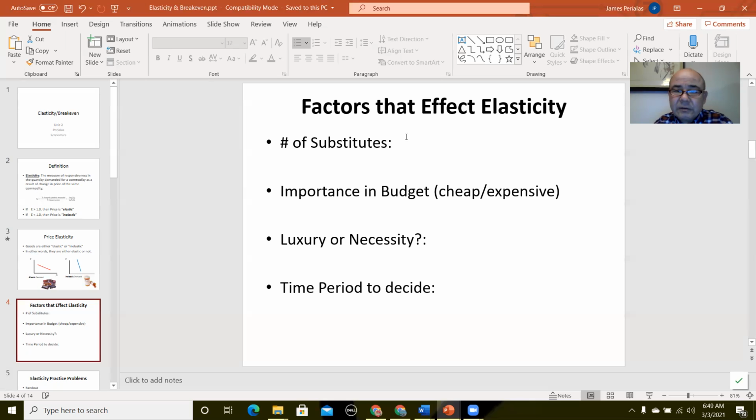Importance in your budget. Now you'll see this explained a couple different ways in the textbook or in the YouTube videos that I'm going to pop up here. But basically the question is, is this something that is cheap to you or expensive? Now, cheap and expensive is a relative term. Buying a car is expensive to most of us.